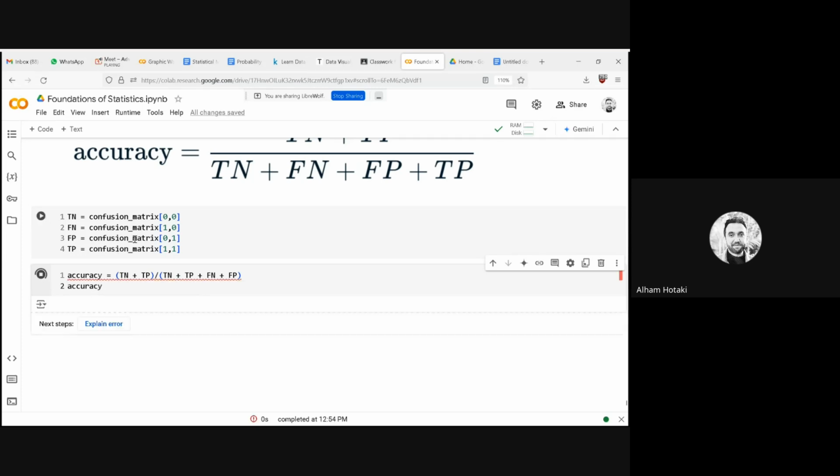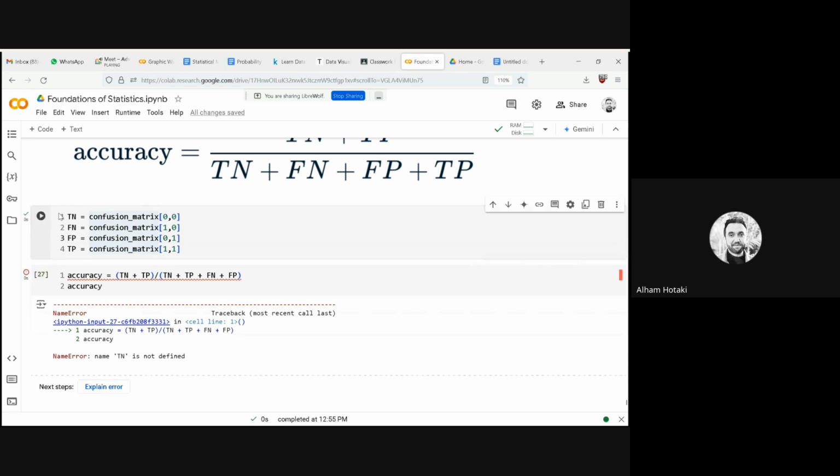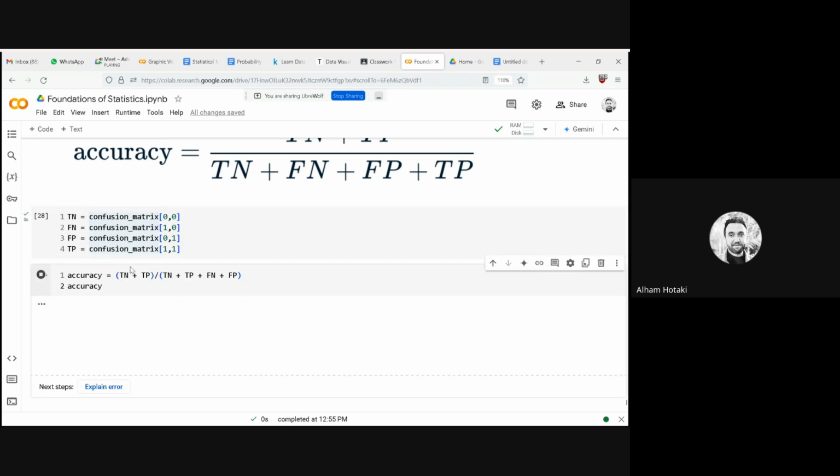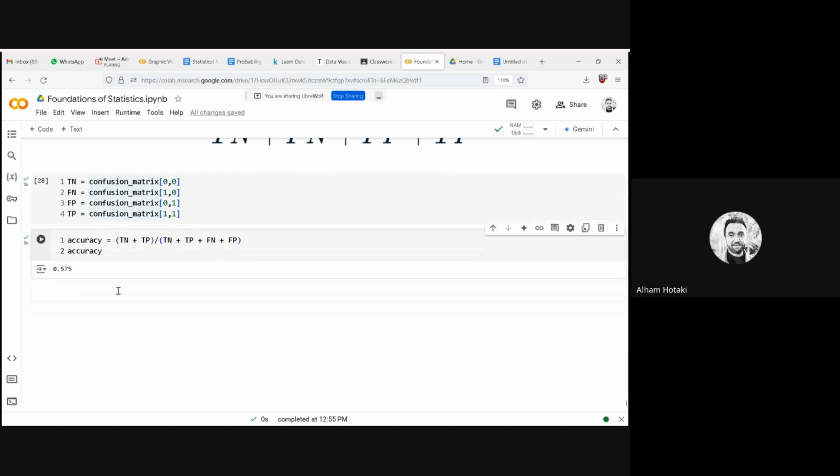Okay, run this one. No, first we have to run this one, then we have to run this one. This is the accuracy of our model.